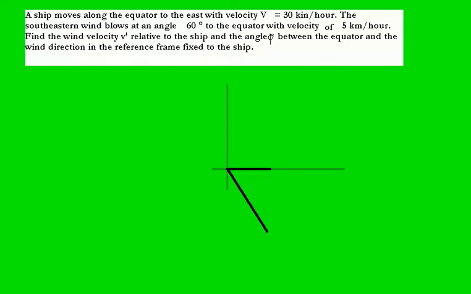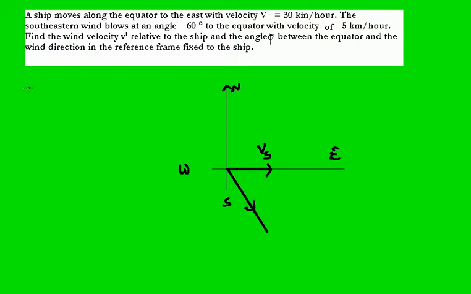Fine. So, naming these values, this would be the velocity of the ship, and just for reference, let's put this as north, then this would be east, this should be south, and this would be west. So, the direction would be southeast towards the east.